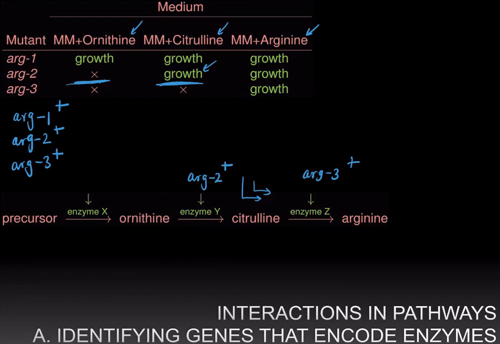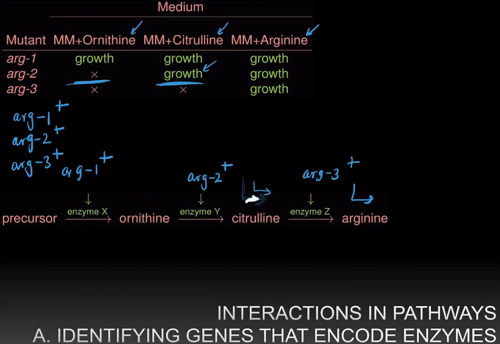And finally, the ARG1 mutant must be blocking the conversion of the precursor into ornithine, since the ARG1 mutant will grow when supplemented with ornithine or citrulline or arginine.